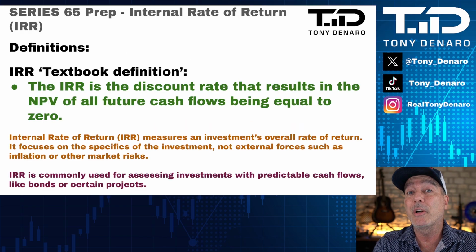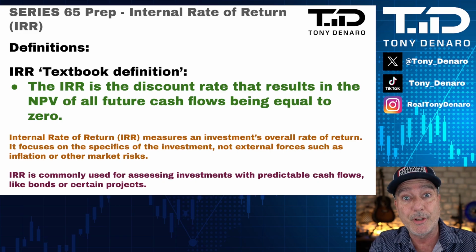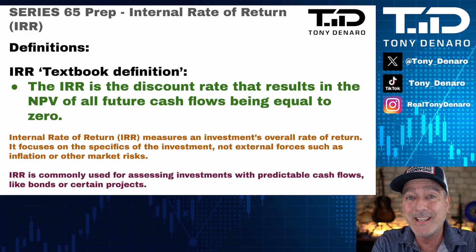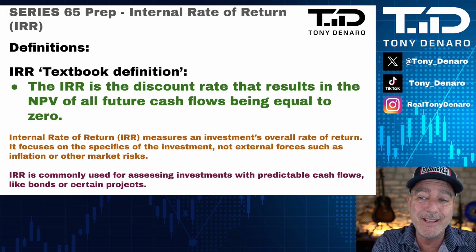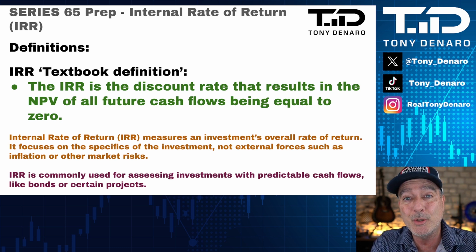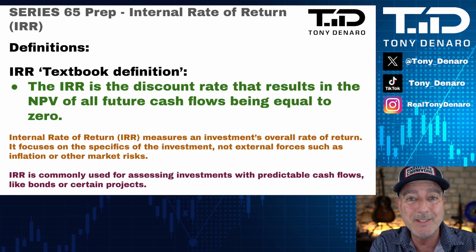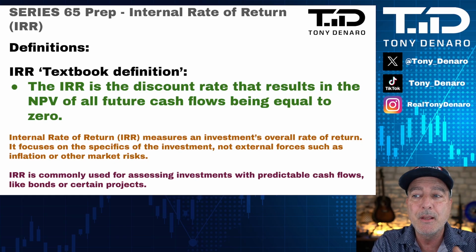The textbook definition is useful to know, obviously, for IRR. It is the discount rate that results in the NPV, net present value, of all future cash flows being equal to 0. I'll have a picture of that explaining it in just a second, but make sure you memorize this definition.